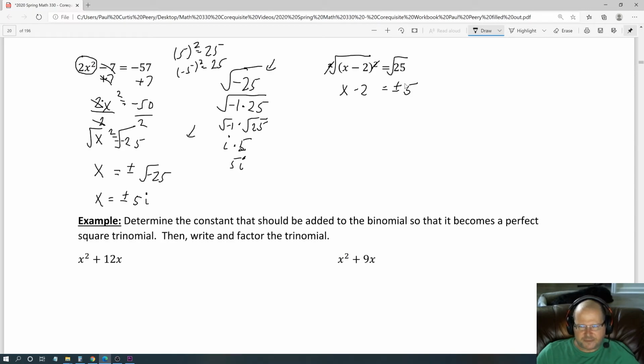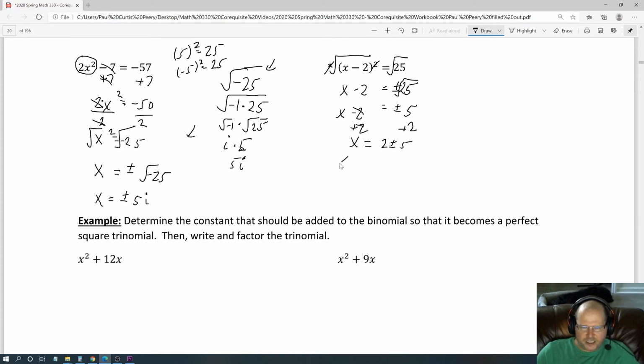I skipped a step there, but the square root of 25 is 5, right? So it's actually plus or minus 5. So plus or minus the square root of 25, the square root of 25 is 5, so we end up with plus or minus 5. So it's x minus 2 equals plus or minus 5. Let me add 2 to both sides, so x is equal to 2 plus or minus 5.